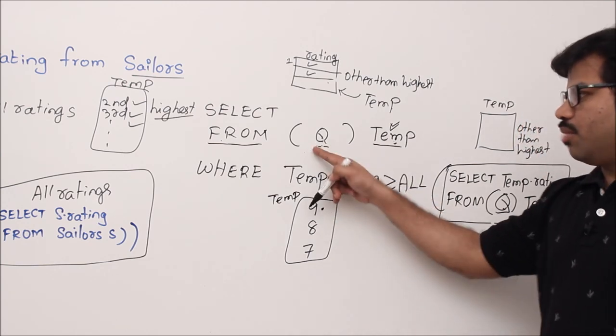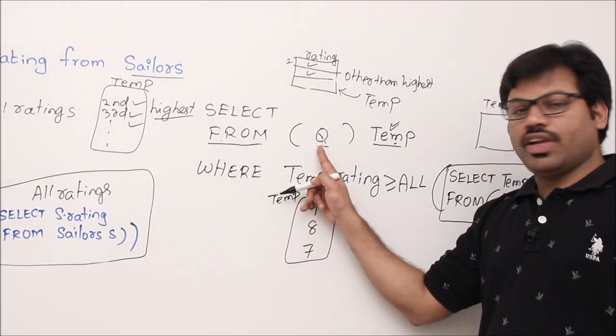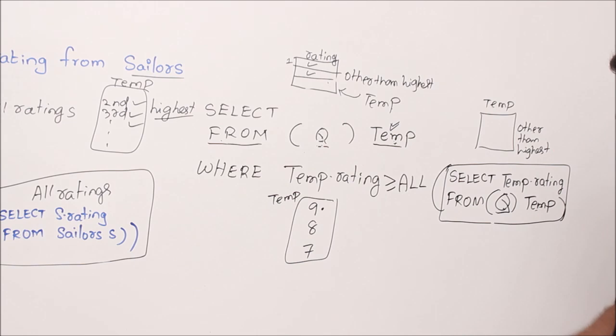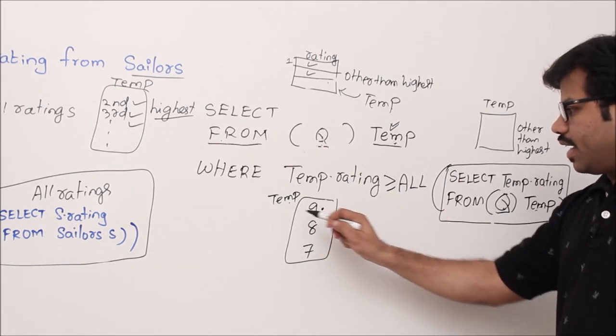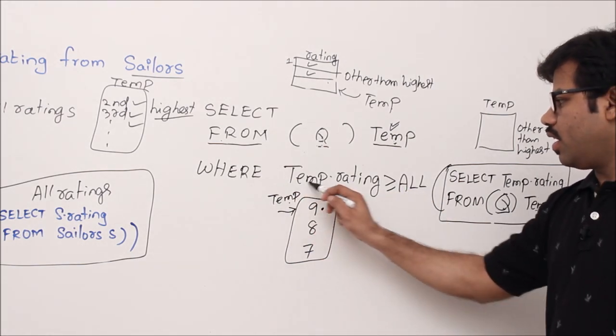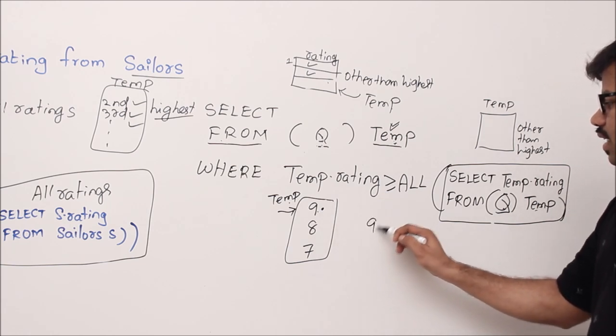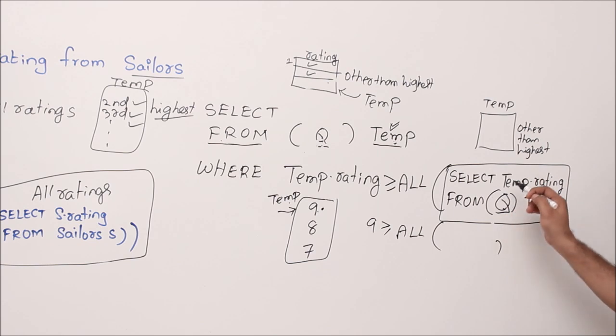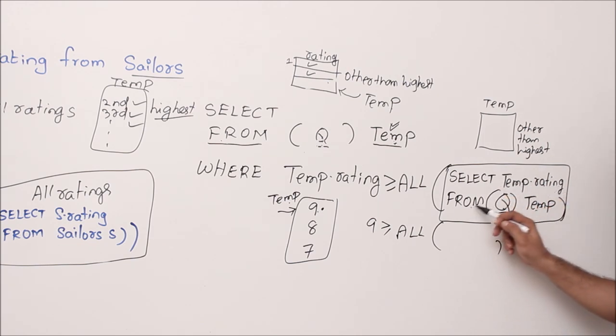First highest is already removed because of this query q. So in this temp, take the first tuple, temp.rating is 9. If 9 is greater than or equal to all, what is this one here? Again a collection of temp.ratings from q.